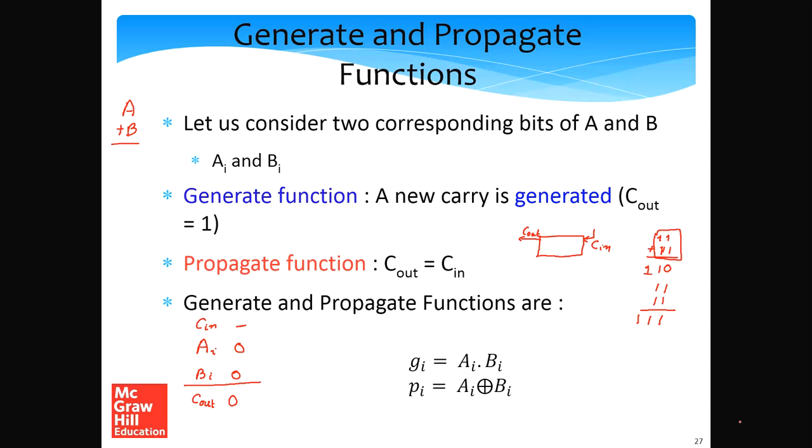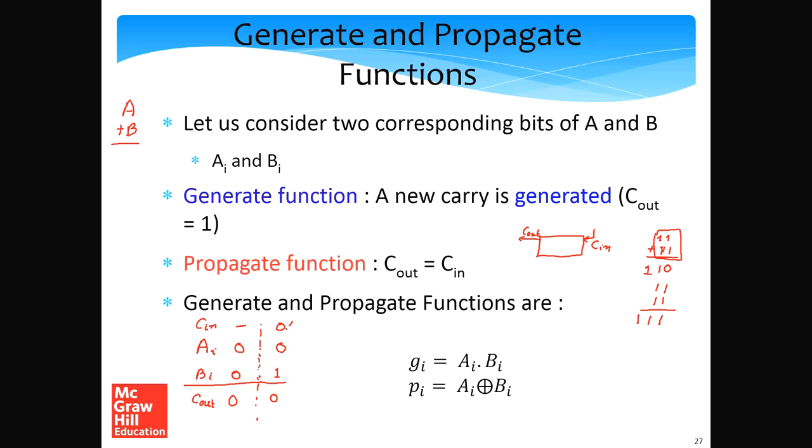Now assume that ai is 0 and bi is 1, right? Let me maybe draw a quick line here to demarcate. If the input carry is 0, then the output carry is 0.